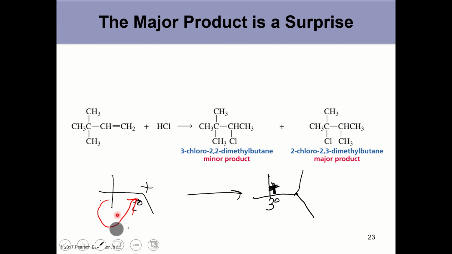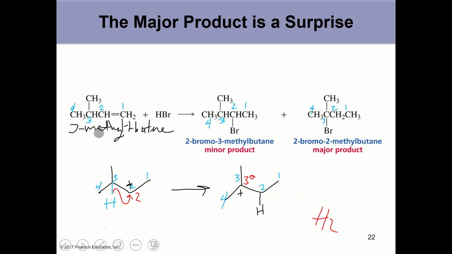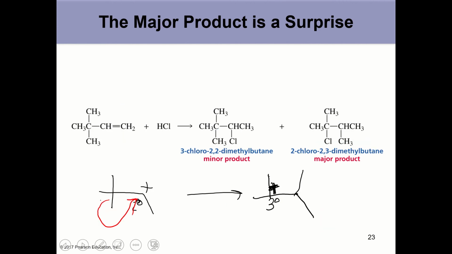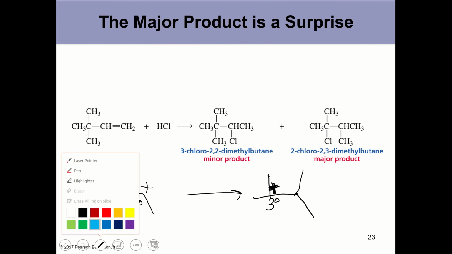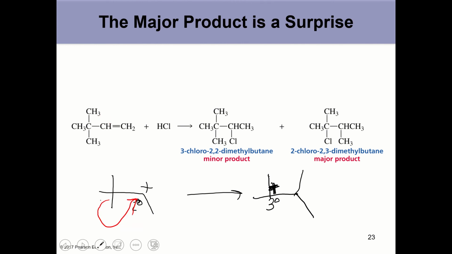The initial cation has hydrogen adding at carbon 1, presupposing that the positive charge will form at this more substituted carbon. So our initial carbocation is a secondary carbon. But because we have a more substituted carbon here, we may have a shift.